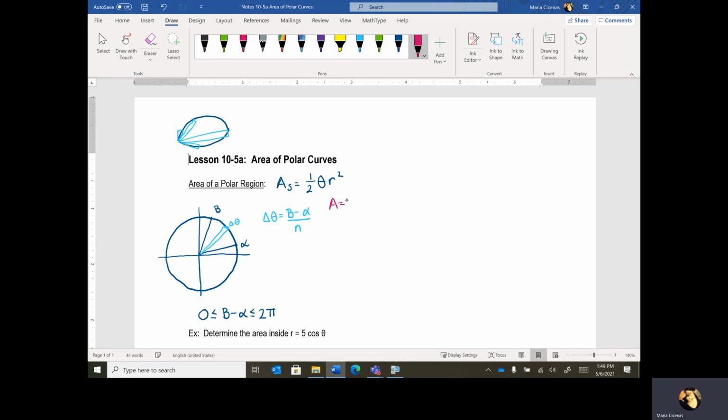But our goal here is to get the sum of the n sectors of our size delta theta.